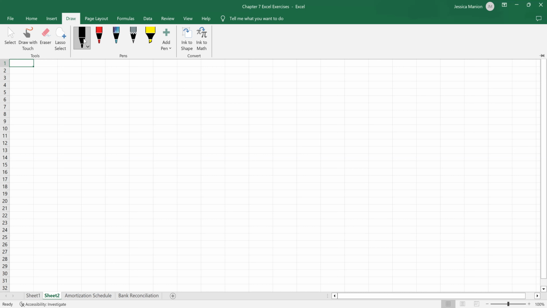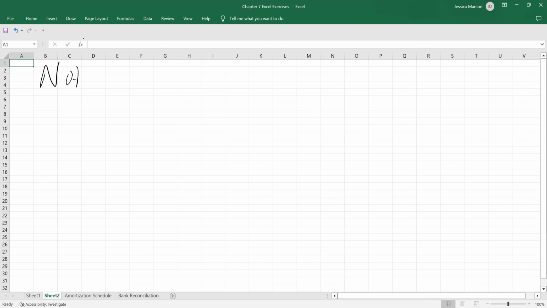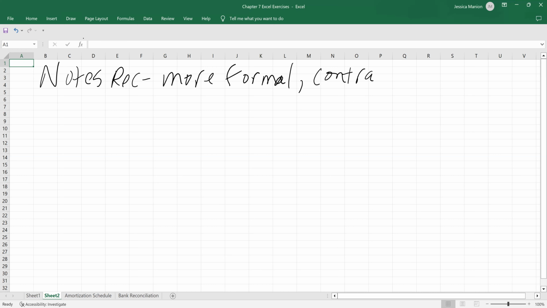So, again, when we're thinking about notes receivable, a note receivable is a more formal contractual agreement between a company and whoever is signing the note with them, right?